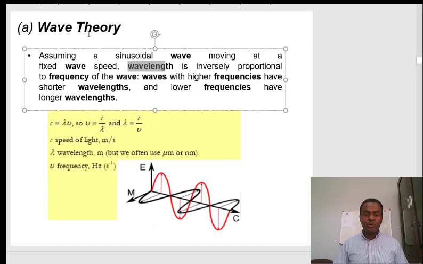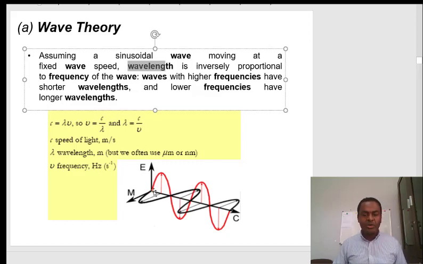So what does wave theory say? It says there is an inverse relation between frequency and wavelength. Waves with higher frequency have shorter wavelengths, and lower frequencies have longer wavelengths. So this is the general understanding that we get from wave theory.